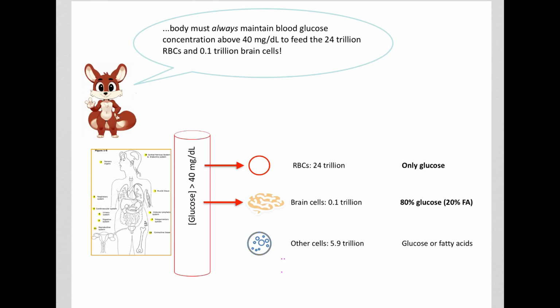So this means the body must always, whether you are sleeping or you're awake, whatever you're doing, maintain your blood glucose concentration above 40 milligrams per deciliter, so that we can provide enough glucose for the red blood cells as well as for the brain cells.